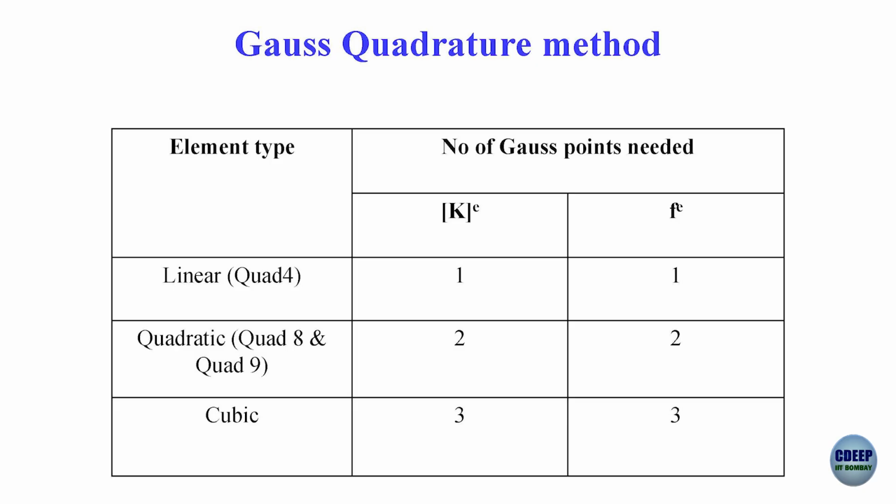Like that, you have to decide depending upon the nature of the shape functions or the functions in the derivatives of the shape functions, because that is what is B, but it is B transpose into D into B. So it is like square of that derivative. So what is the ultimate expression that is going to be f of zeta eta? What is the order of the terms in that?